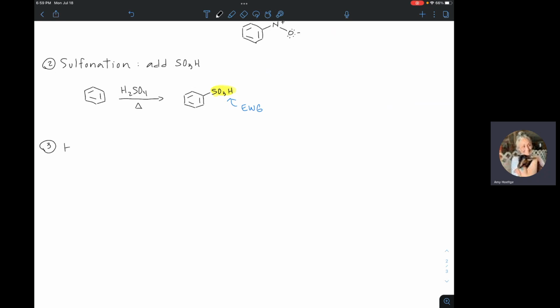We can put a halogen on the ring. So we're going to add a halogen, right? So either like chlorine or bromine or whatever.